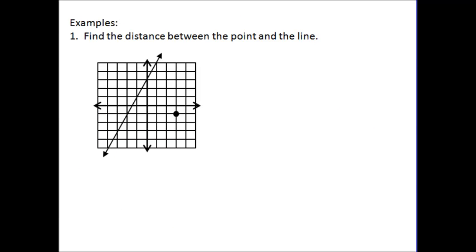All right, let's look at some examples. First, find the distance between the point and the line. So again, let's remember we talk about a perpendicular segment, and when we talk about perpendicular, we also need to remember what do we know about the slopes of lines that are perpendicular.